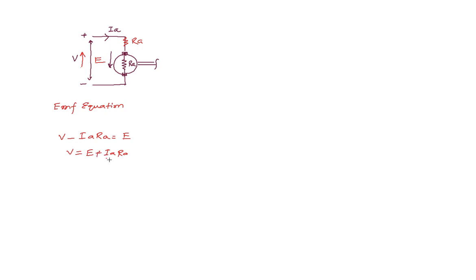Another equation we get is the speed of the DC machine: N is equal to E by K into phi. Now we put E as V minus IARA.